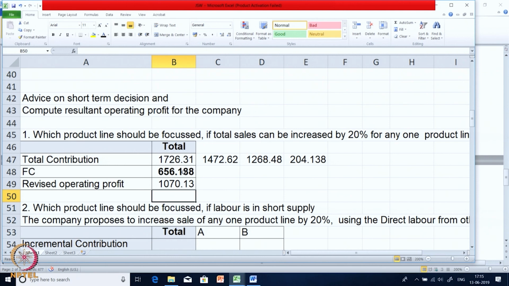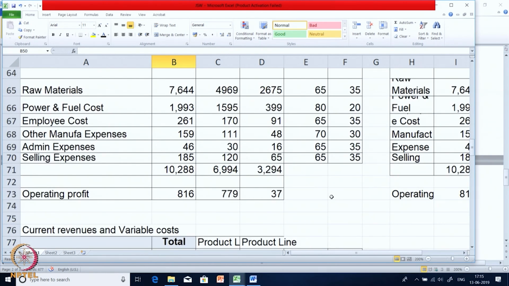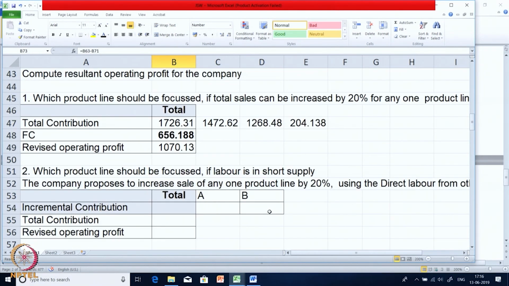So 1070. What was your old profit? The old profit was 816. Now this 20% increase in sales of A has led to new profit of 1070. Are you getting me? So answer was which product line to be focused? The answer is A should be focused.